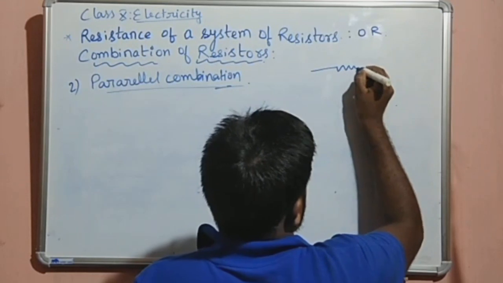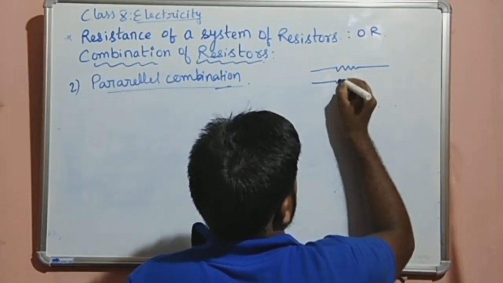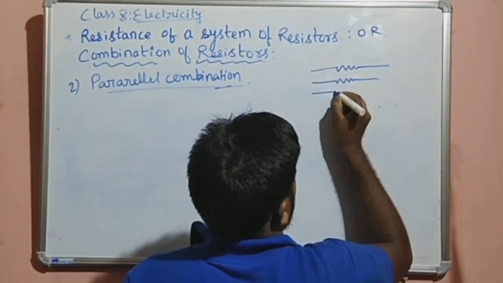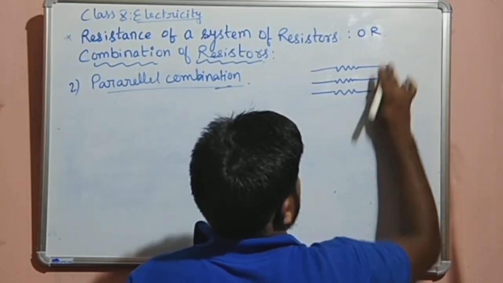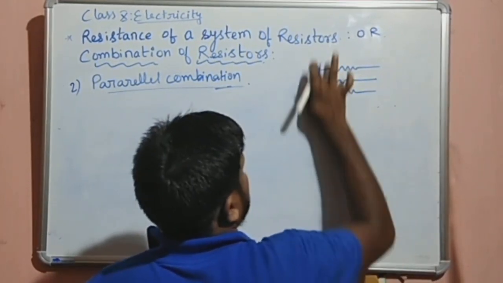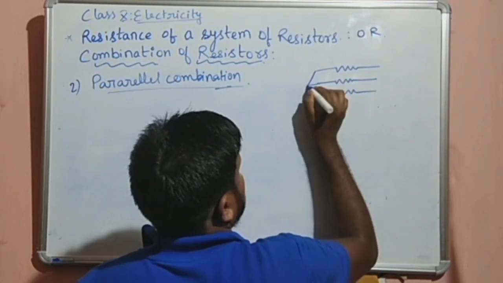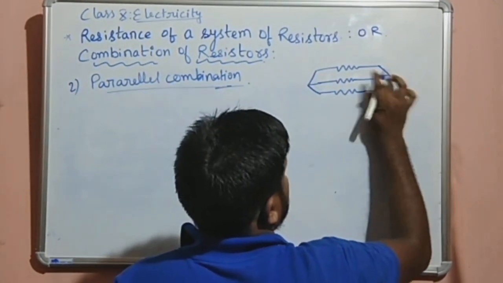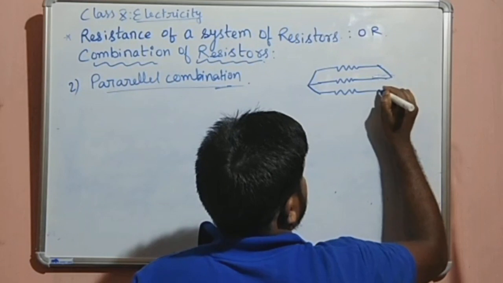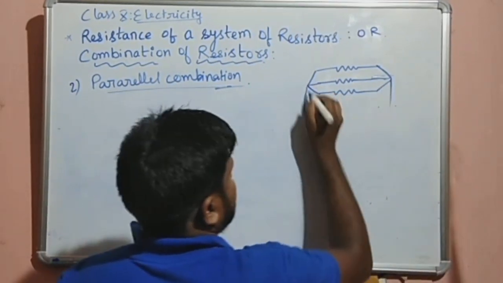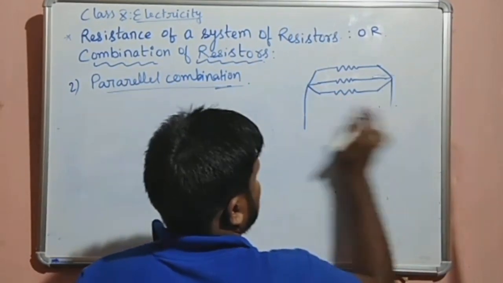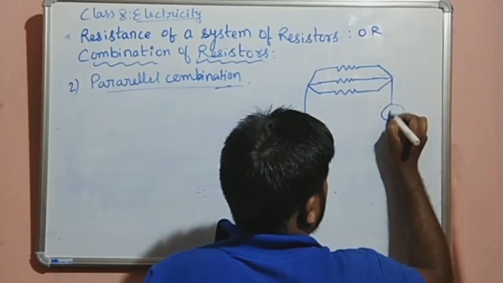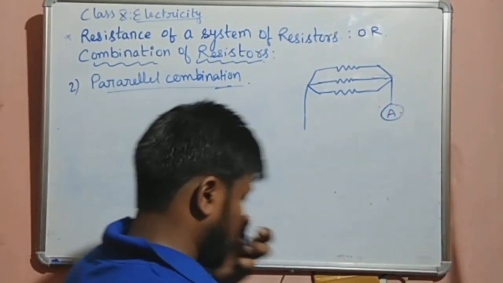Suppose I am taking R1, R2, R3. Here I am using an ammeter.